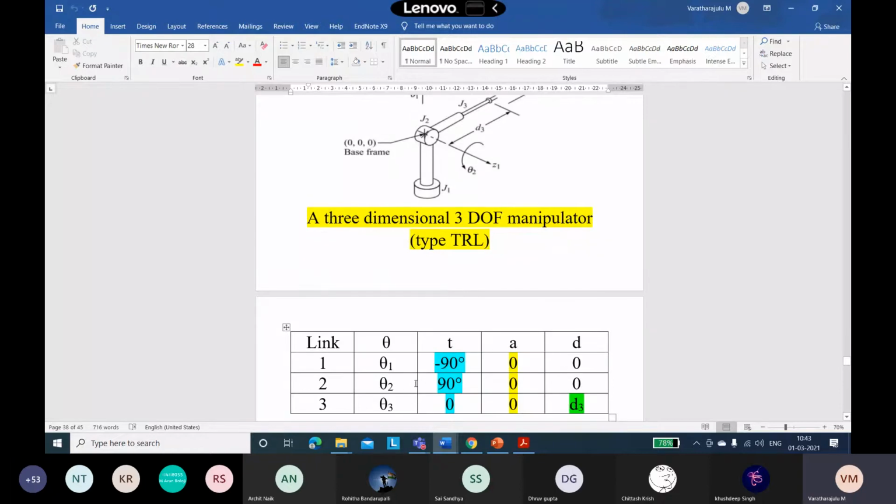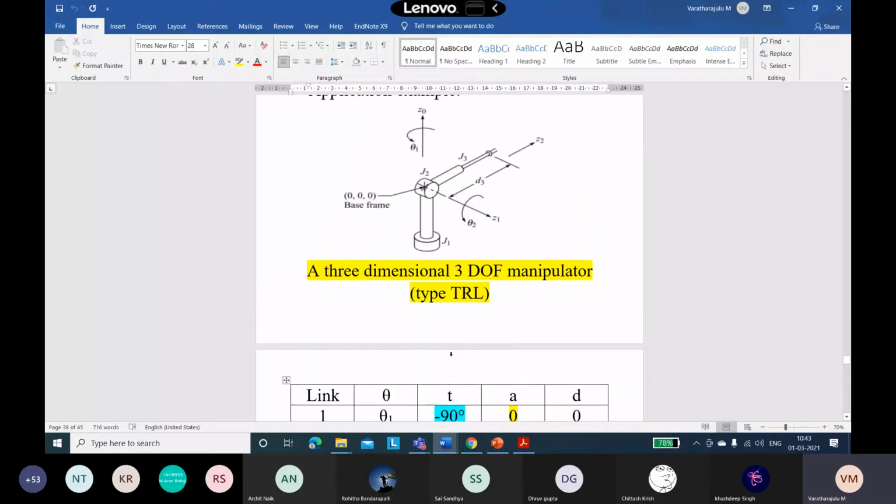These inclinations are with reference to the other joints. Concerning these two links we are rotating.